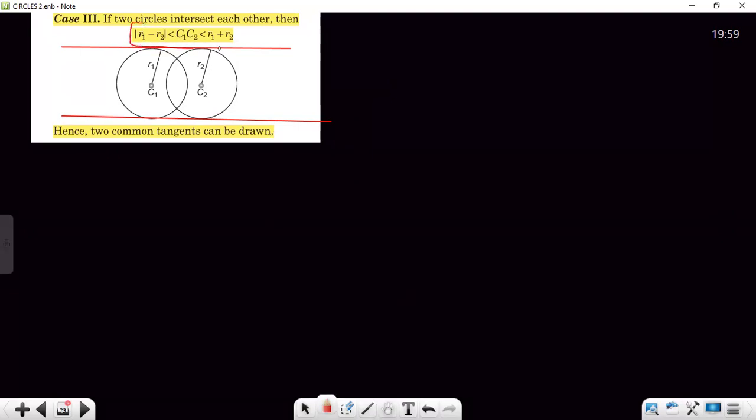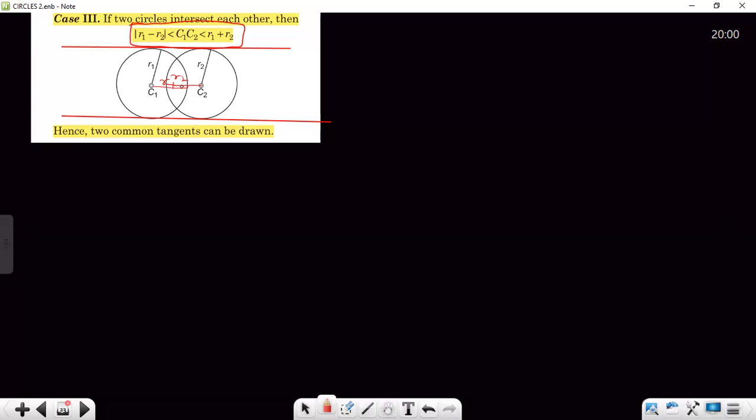And this is a very important condition where the difference between the radii should be less than the distance between C1 and C2, and the addition of R1 and R2 should be more than the distance between C1 and C2, because this is R1 and this is again R2.